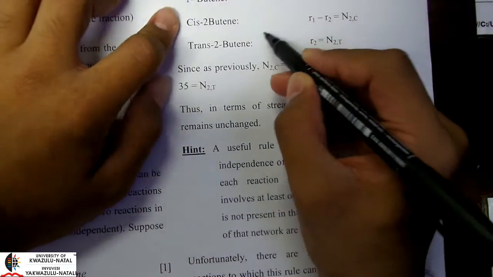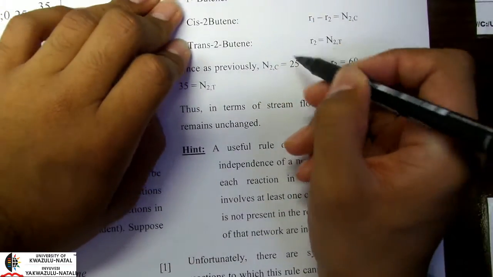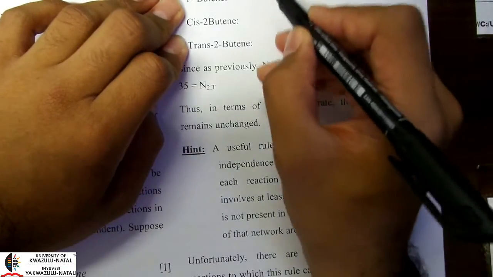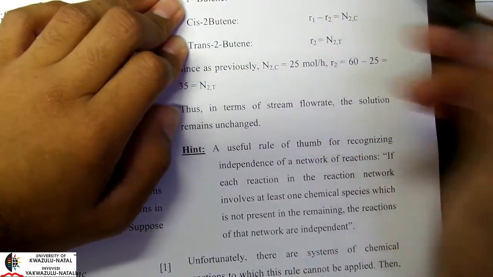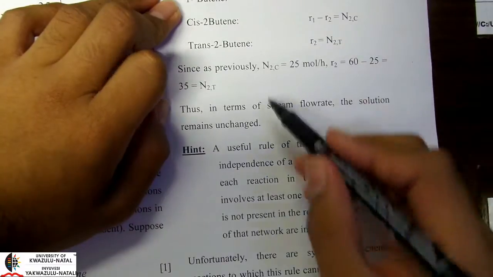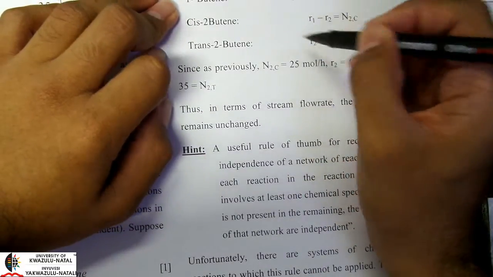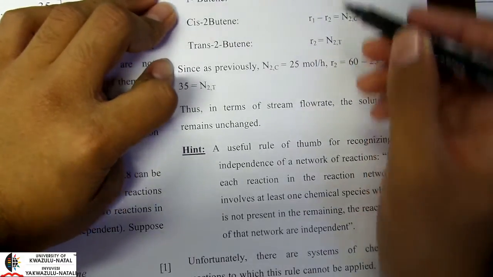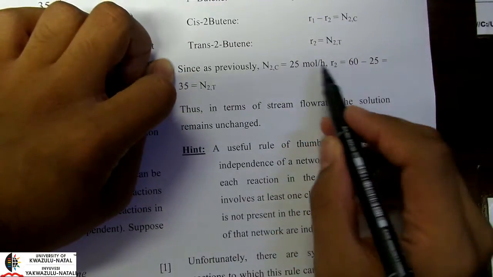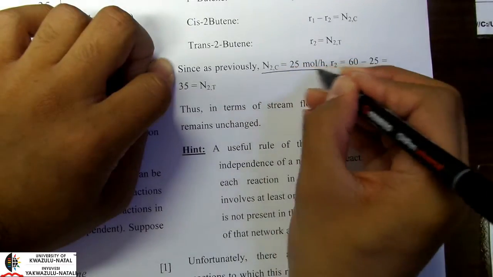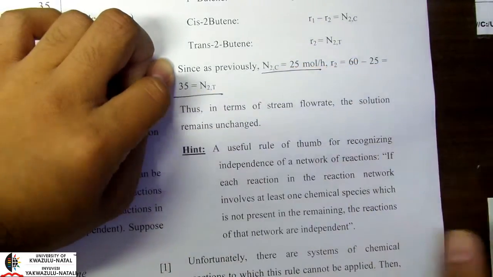Okay, for 1-butene, cis-2-butene, and trans-2-butene, it's a similar setup. Input plus generation is equal to output. And this set of balance equations is actually solvable, and we obtain the same results.